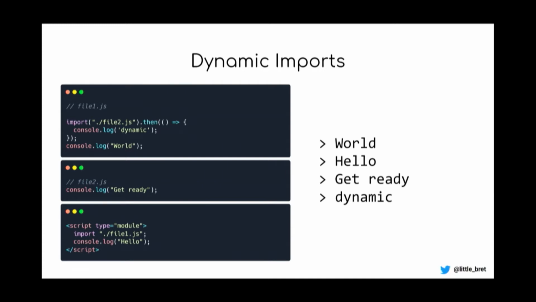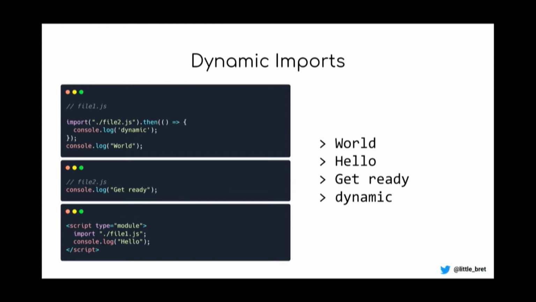Go to file 1. Well, this is not a static import. We're just going to start lazily importing a second file, and then we're going to proceed. So the first thing logged is going to be world. And then after world is logged, immediately hello is going to be logged.